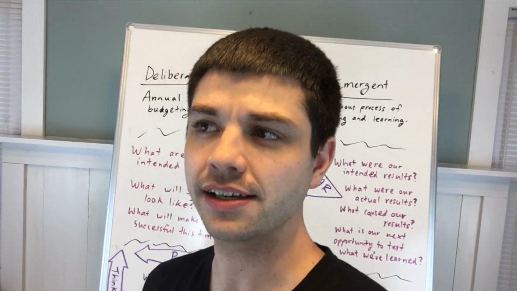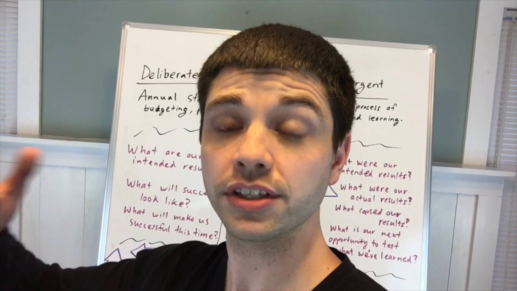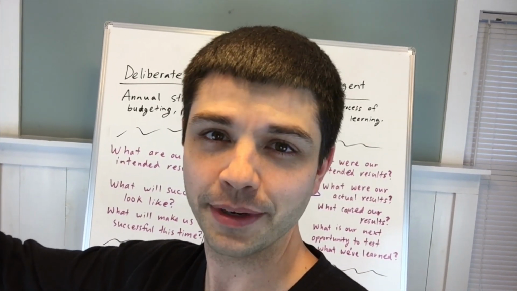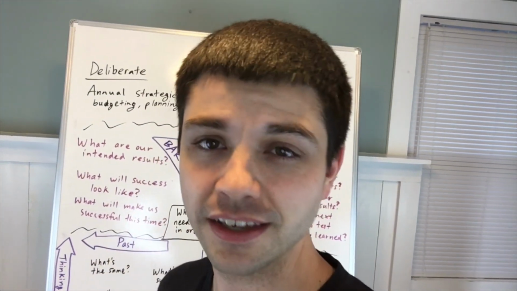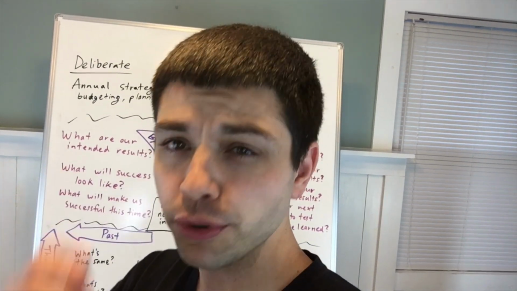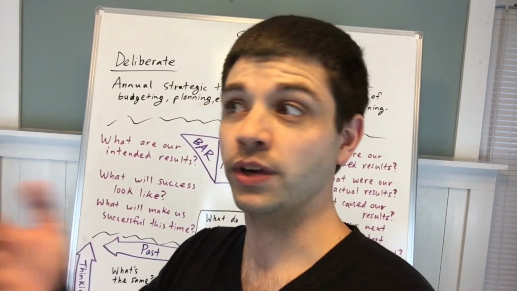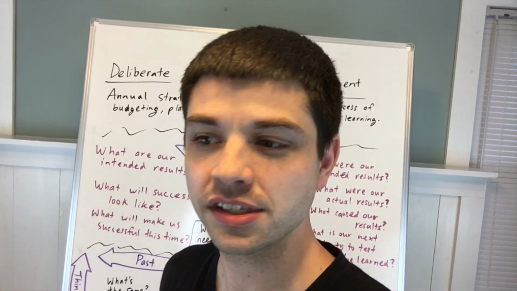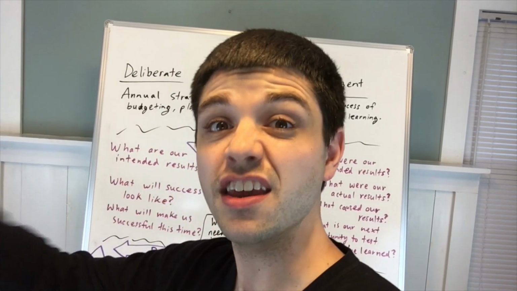So imagine that you're in a classroom and your deliberate strategy, or you might call it dominant strategy, because it's the one that most people are using, right? So it dominates the social space. So your deliberate strategy in a classroom might be what's written in your curriculum. It might be what you already have planned and what you're supposed to do for the year.